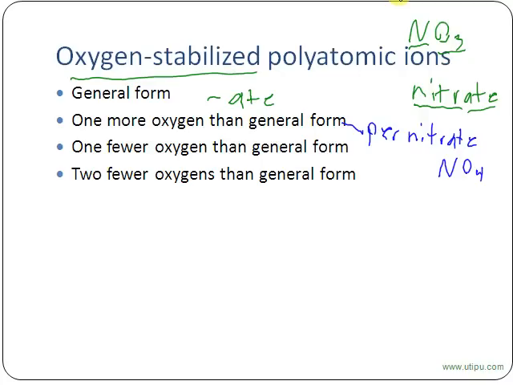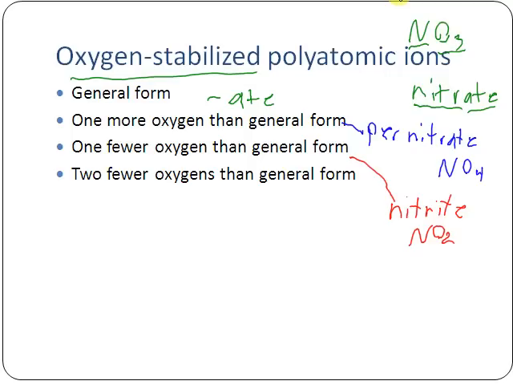Now on the other hand, if it had one fewer oxygen, that would be number 23 on your nomenclature guide. If it has one less oxygen than the "ate" form, the ending is changed from "ate" to "ite". And so instead of nitrate, this becomes nitrite. And nitrite would just be, instead of NO3, NO2. It's lost one from the "ate" form.